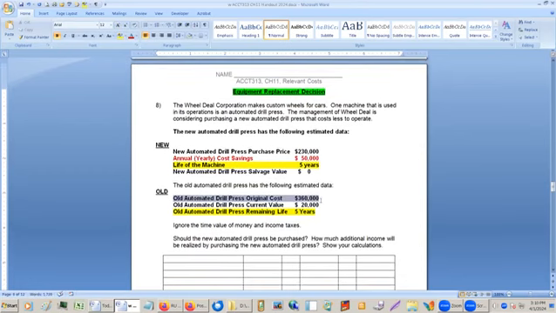Is the old drill press, the original cost, is that relevant to a decision? We paid $360,000 for it. They don't say when, but we paid $360,000 for the old drill press. Is that relevant?